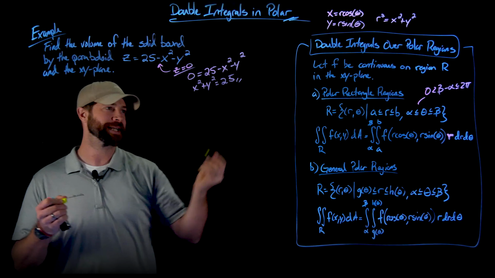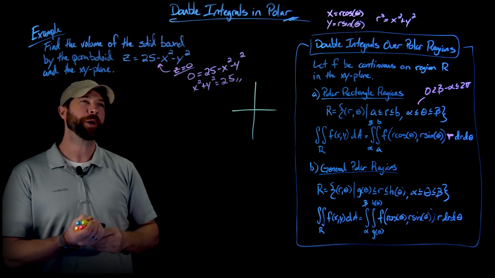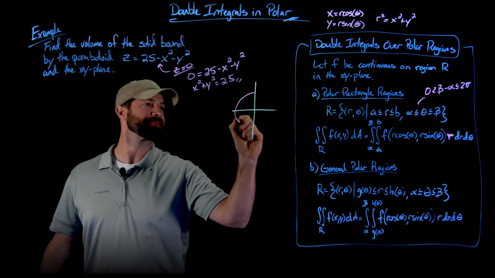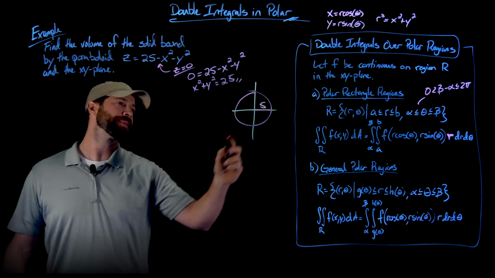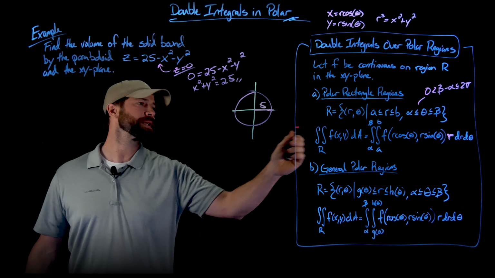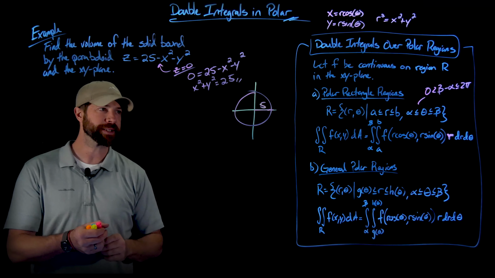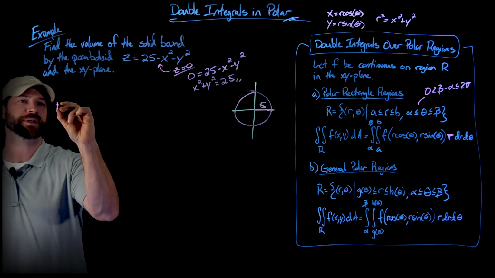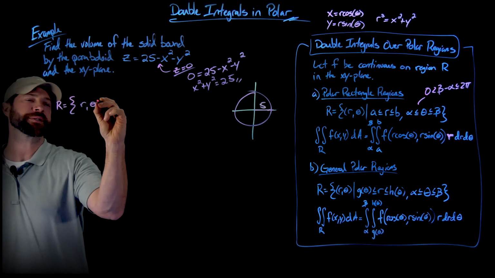But again, just to kind of sketch this, I always like sketching these regions. It can really help you from making mistakes that you might make. But this is a circle of radius 5. And so our job is now to describe this region in terms of these polar coordinates. And really this is the magic and the beauty right here, is how easy this is. So this region we're describing in terms of r's and thetas.